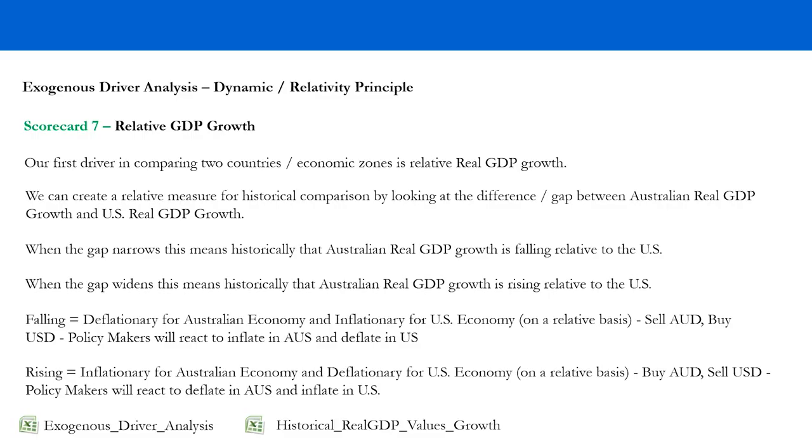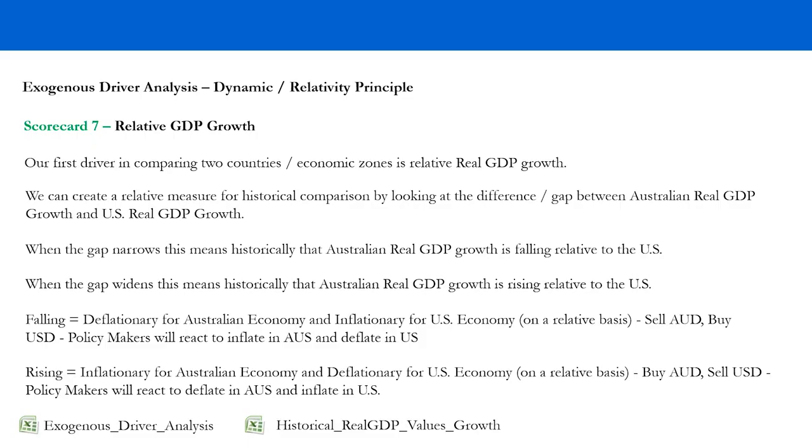When you think of this in terms of the absolute principle and the dynamic principle, if we looked at the United States alone, we could get a gauge on the value of a currency from its indicators pointing towards economic growth.